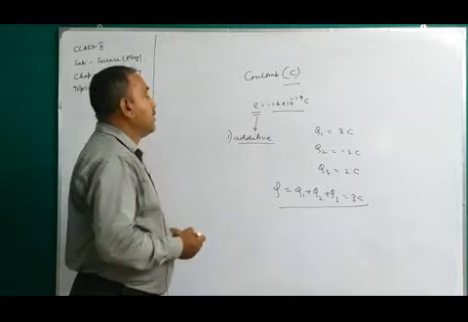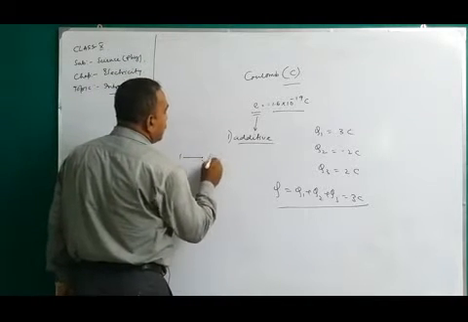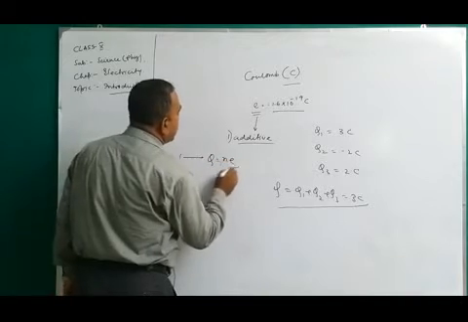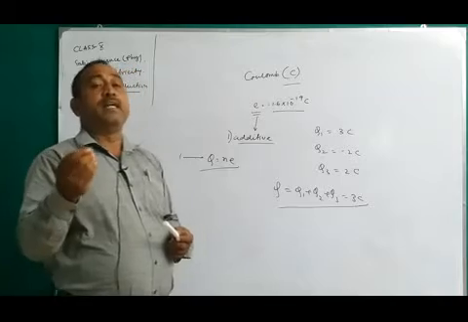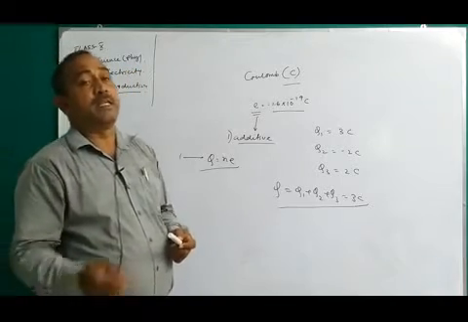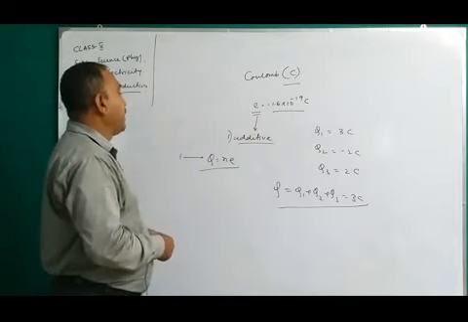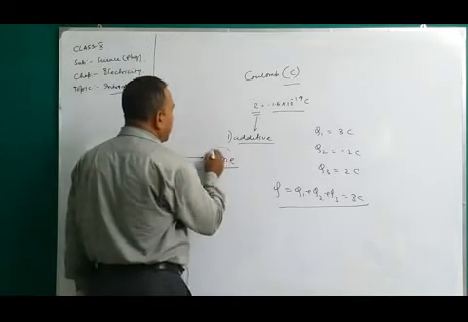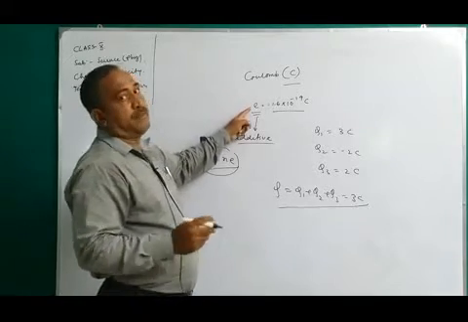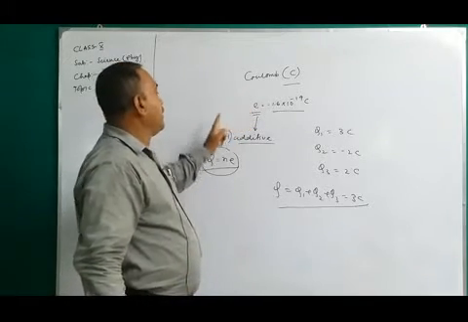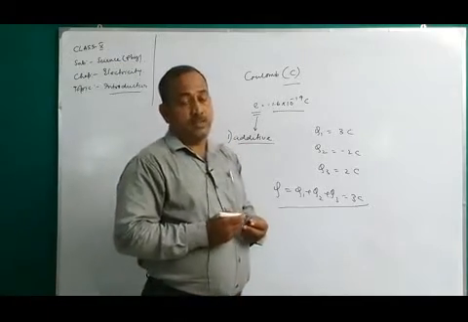That is the quantization of charge: Q equal to n into e. n is the number of charged particles, and the value of the charge of each particle is the same, 1.6 into 10 to the power minus 19 coulomb. So first is the attractive or repulsive nature, then additive nature, and the quantization of charge.